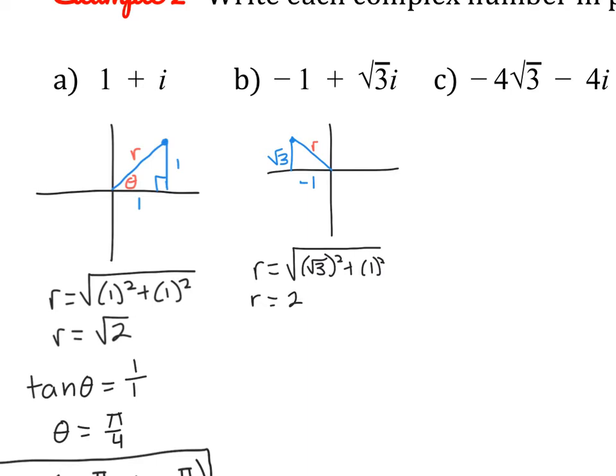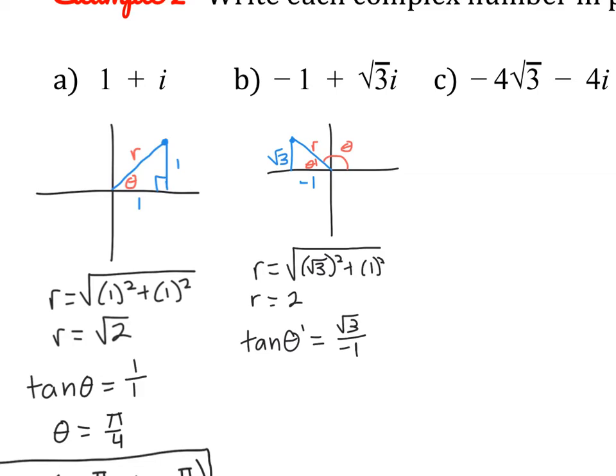And then we do need to find this angle, theta. We can start by using the reference angle in here, and we can use tangent. So the tangent of our reference angle, theta prime, is root 3 over -1.